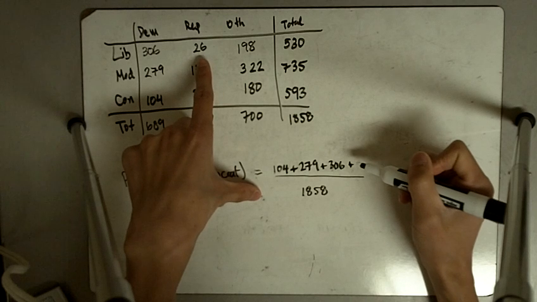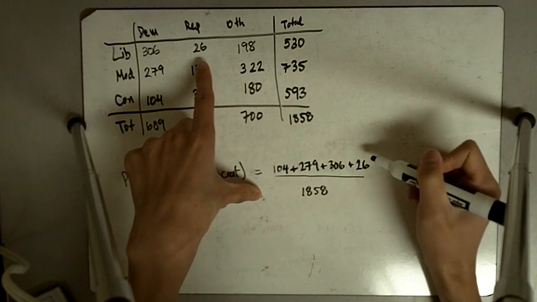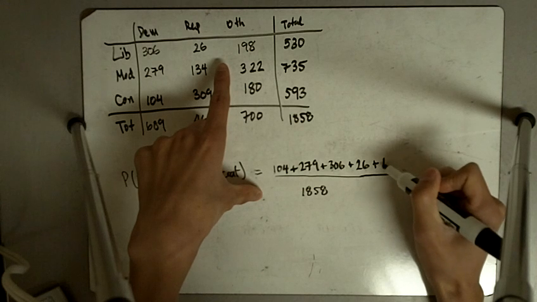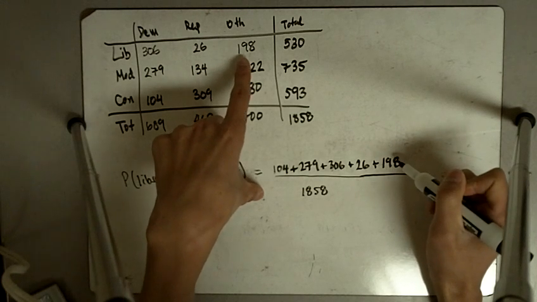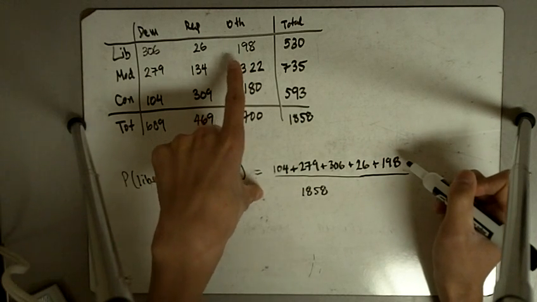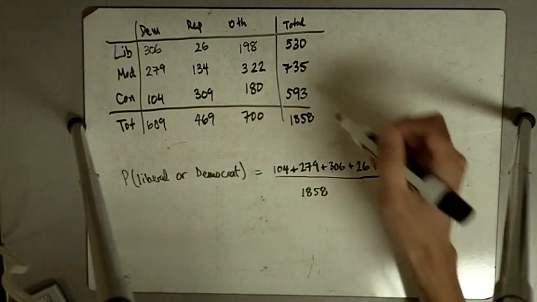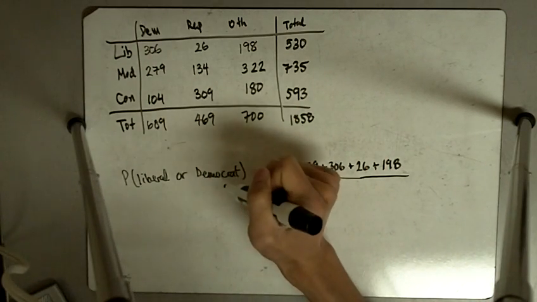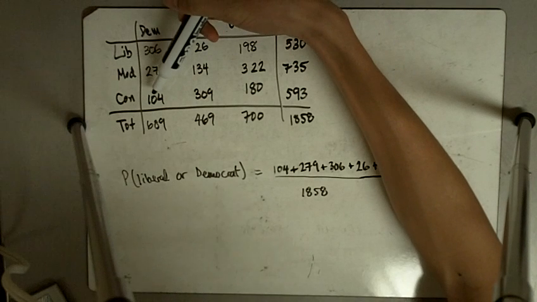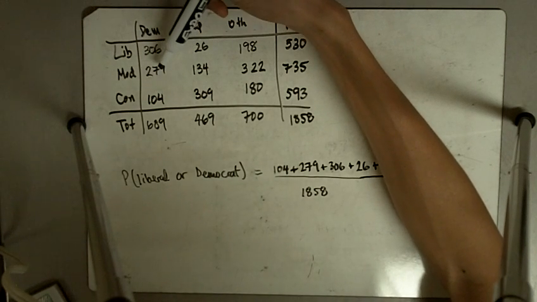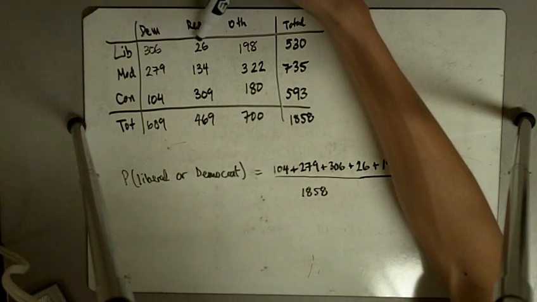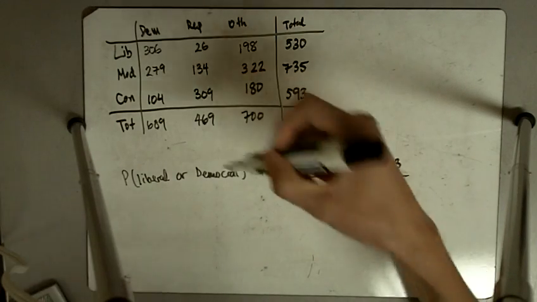We also have 26 Republicans who are liberal, and we have 198 people in other political parties that are liberal. So all of these qualify as either liberal or Democrat. These are conservative people, but they're Democrats. These are moderate people, but they're Democrats. Liberals and Democrat, these people are liberals, and things like that.